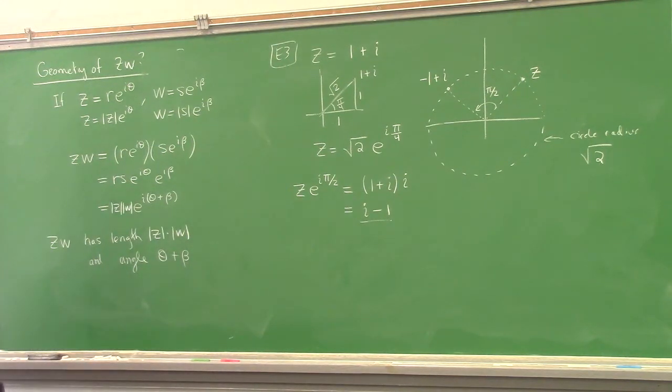So multiplication of a complex number by I rotates it counterclockwise by 90 degrees, or pi over 2 if you like. So it's pretty neat.